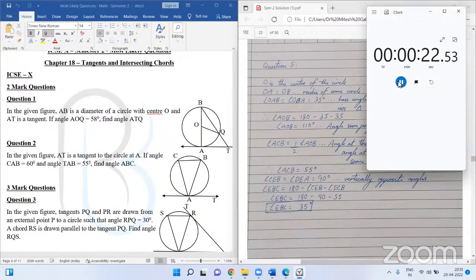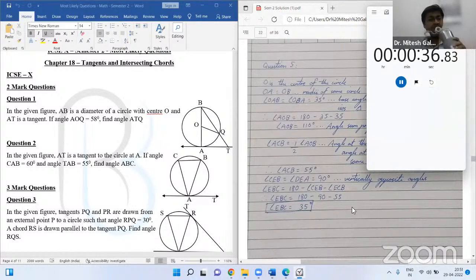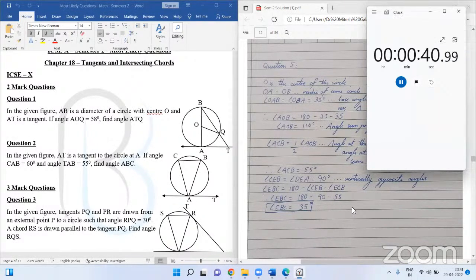Sir, how to manage the time? Later on, once we finish everything. I've already said that once in the start. Is there any solution PDF of these questions? I will give it, I said in the end.